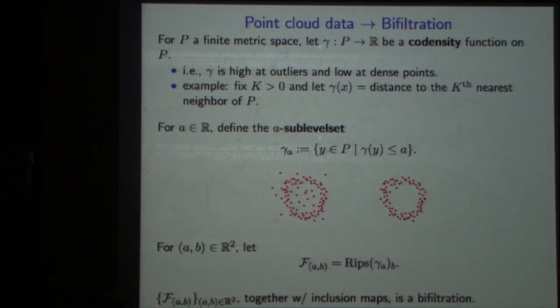And so the collection of all of these together with inclusion maps is the bifiltration, as I want. Okay, so this is a way of playing these Rips filtration construction games in a way that's density sensitive somehow, also in a multi-scale fashion with respect to density.